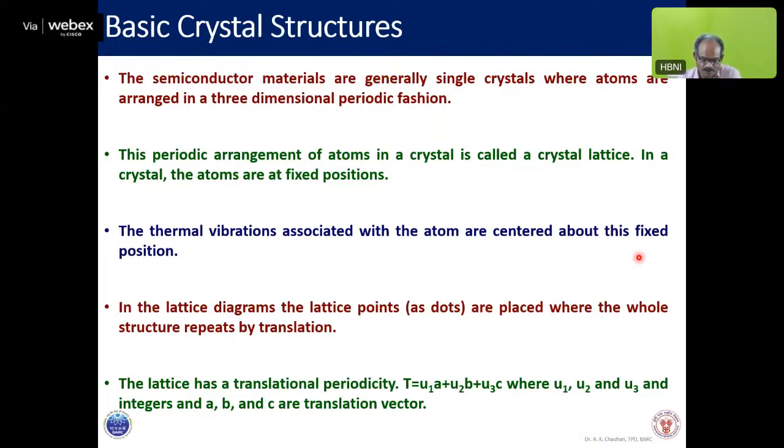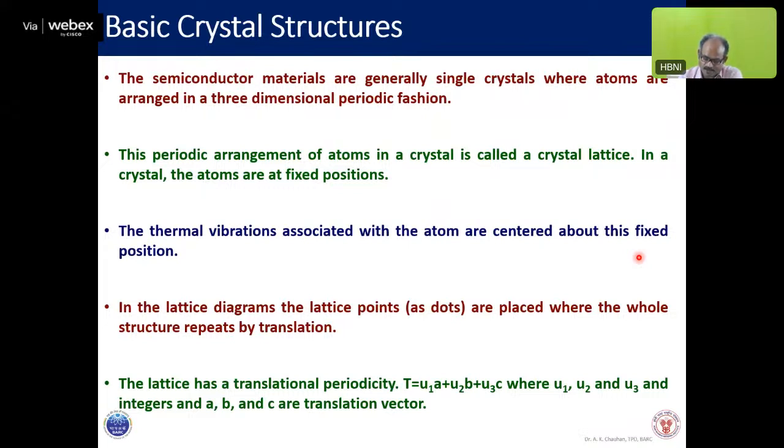So, to qualify as a lattice, it must have translational periodicity. Suppose I have one point at a particular place, and if I move towards the right, then after a fixed distance I should get another identical point.